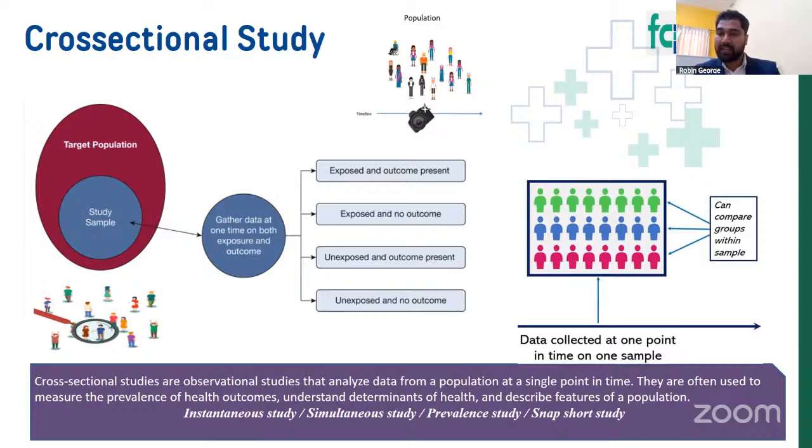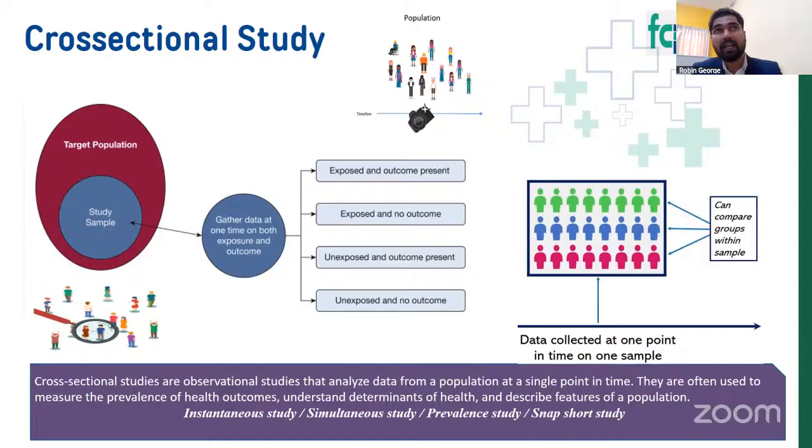You can see the picture on the right-hand side. The time is going in one direction and we collect data at one point of time. So always understand that a cross-sectional study is just a survey. Today I am conducting a survey at one point of time. There is no follow-up, like after 2 months again I do it, again after 2 months.